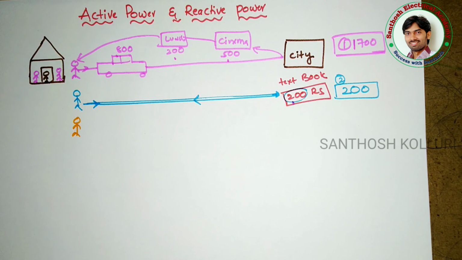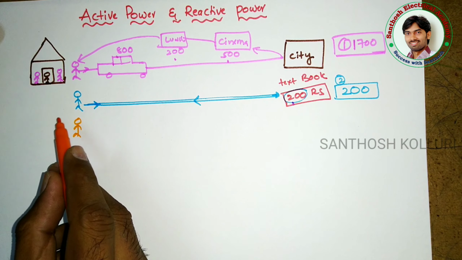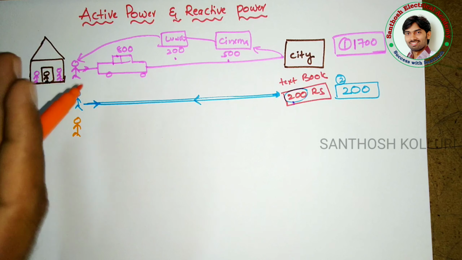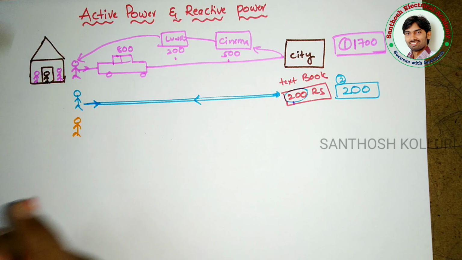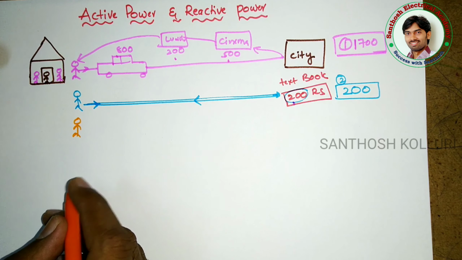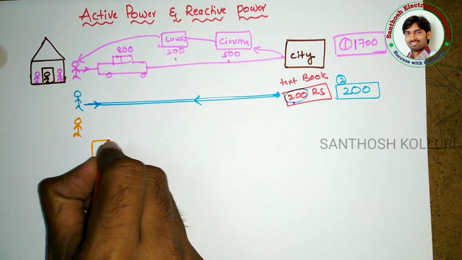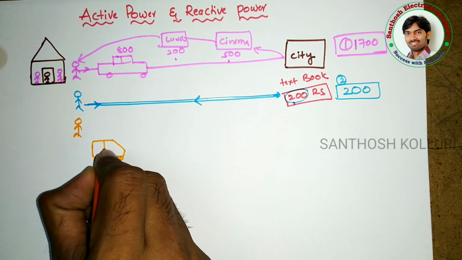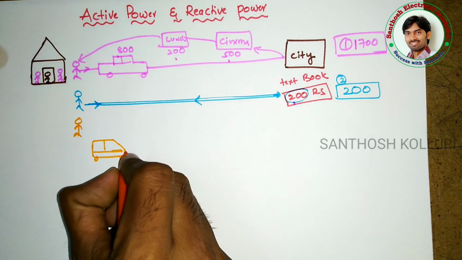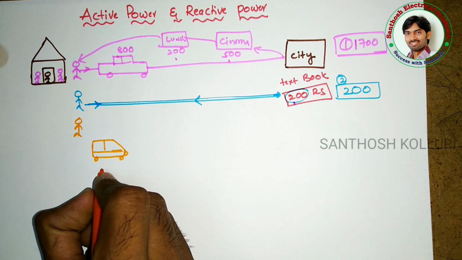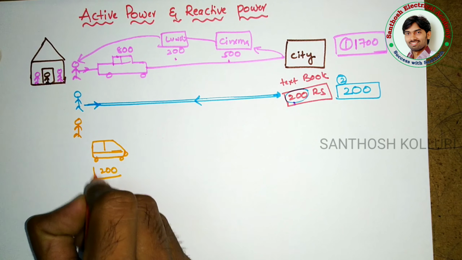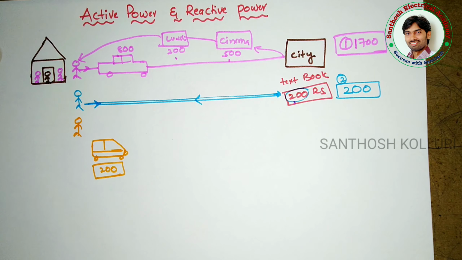The third case is a different, peculiar case. He is neither asking for a lift nor going in a luxurious vehicle. Instead, he has borrowed an auto. The rent for the auto is 200 rupees.